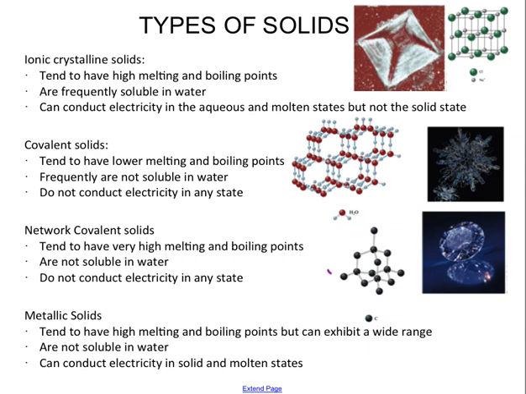Have you ever tried to melt salt? Impossible. They are frequently soluble in water. We know from our list of solubility rules which ones are and are not soluble in water. And they can conduct electricity in aqueous and molten states. So you need to know that. Okay? Questions on the ionics?